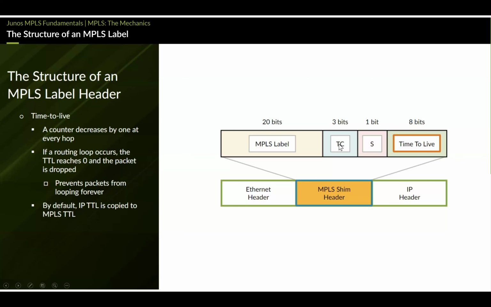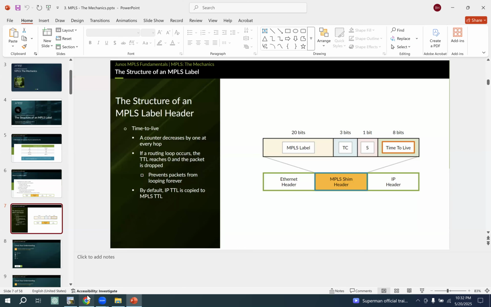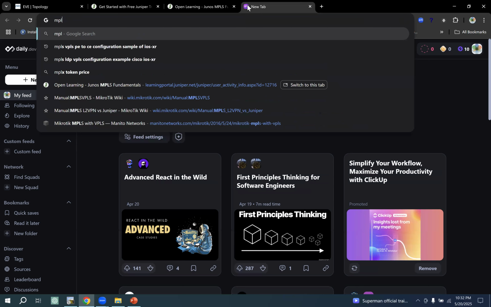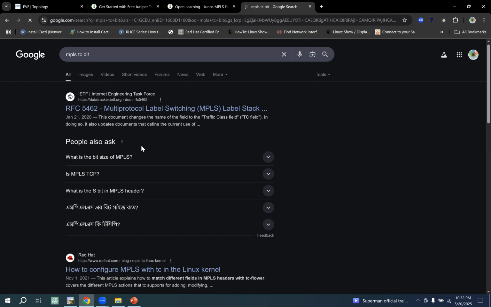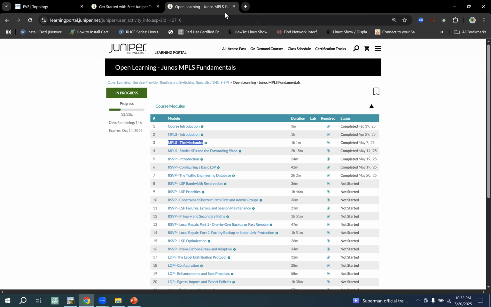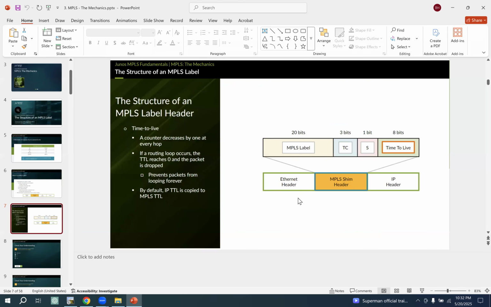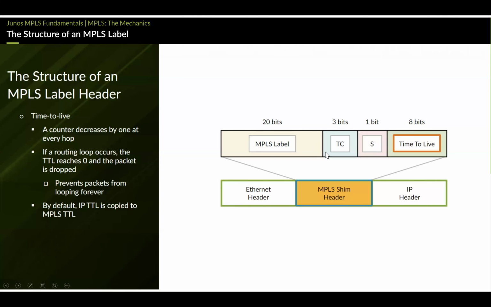The 3 bits are TC. TC means traffic class, and another one is the stack bit. Later we discuss TC and stack.